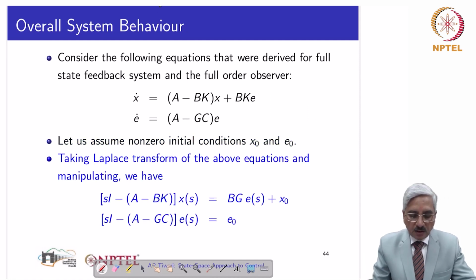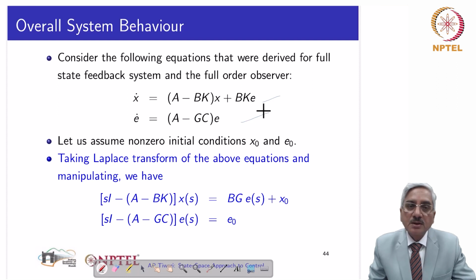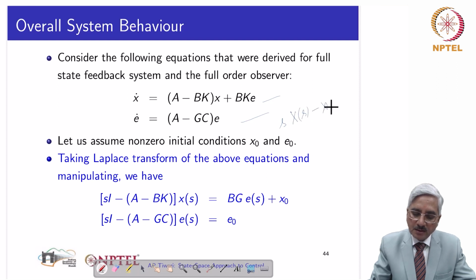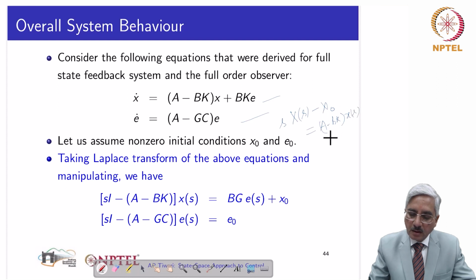So we take the Laplace transform of both these equations and we do some arrangement of the terms. When we take the Laplace transform of this, it will give sX(s) minus x0 equal to (A minus BK) X(s) plus BK E(s), and similarly this one.